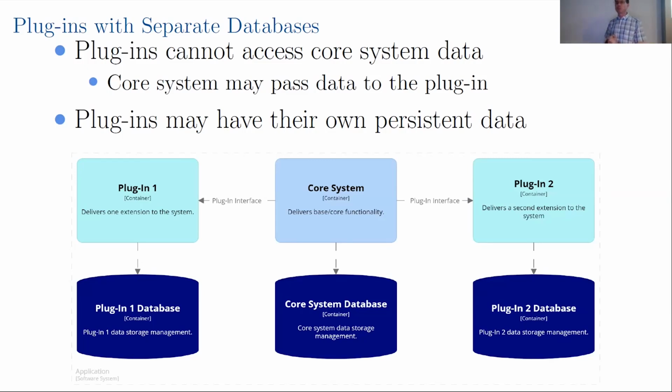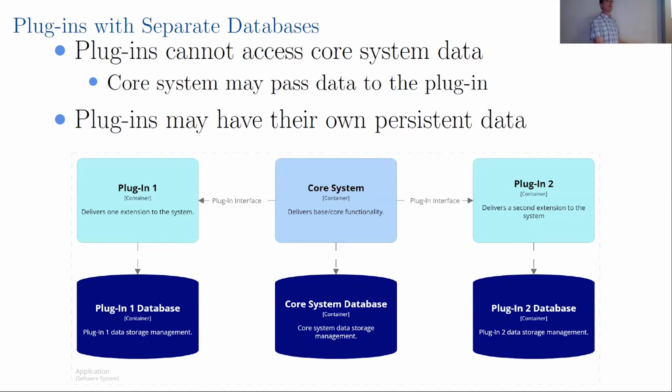So it shouldn't be storing stuff in the system database. It may be manipulating data and passing it back to the core system, which the core system stores because it's actually the core system's data. That's fine. But if there's plugin-specific data that needs to be stored over the long term or needs to be saved in some fashion, then your plugin has to have some persistence mechanism.